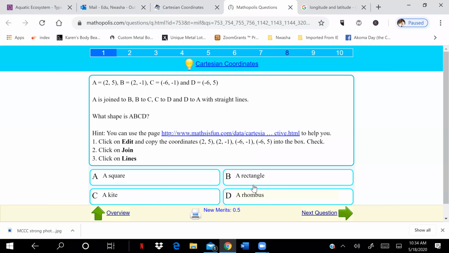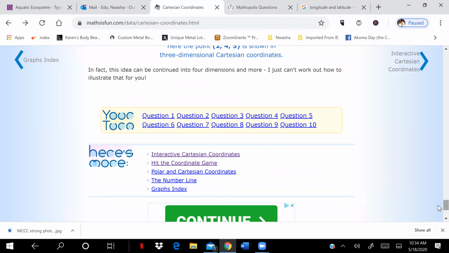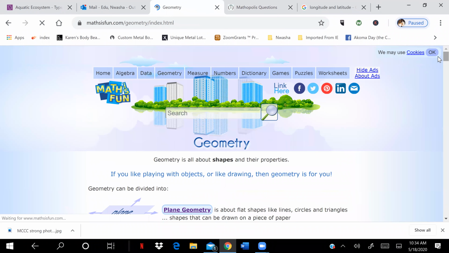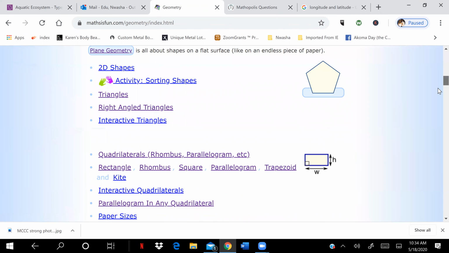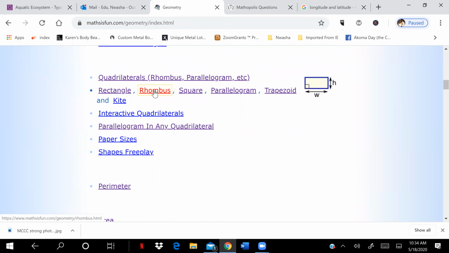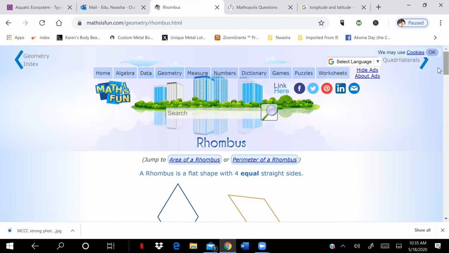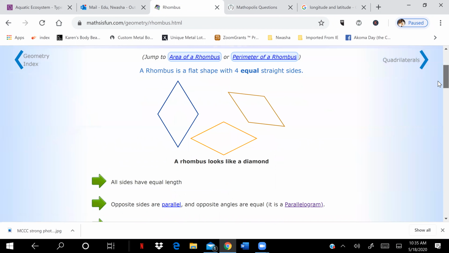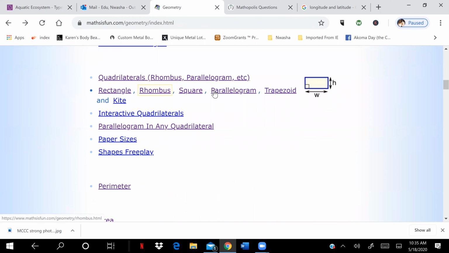We didn't really talk about a rhombus a lot, but I might have skipped that one. Here is a rhombus. So a flat shape with 4 equal straight sides, kind of looks like a diamond. And we didn't go over kite.